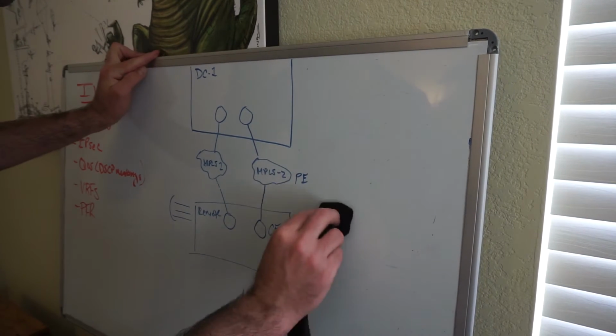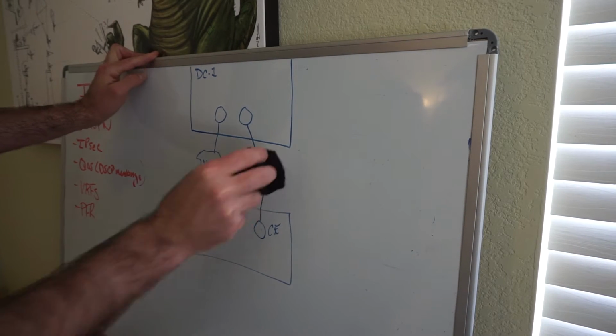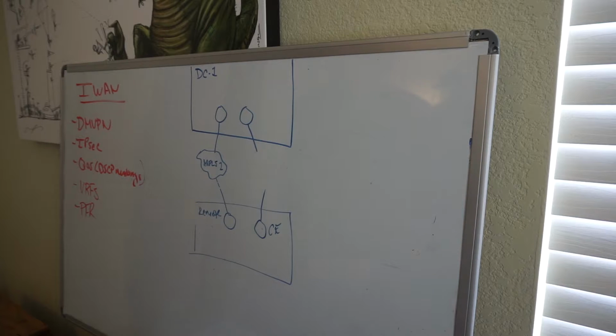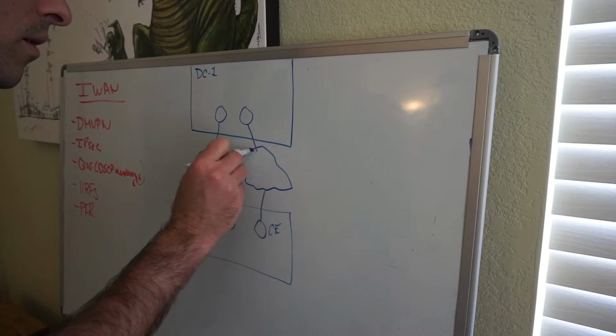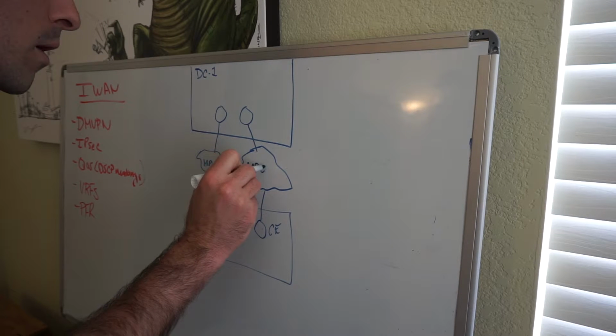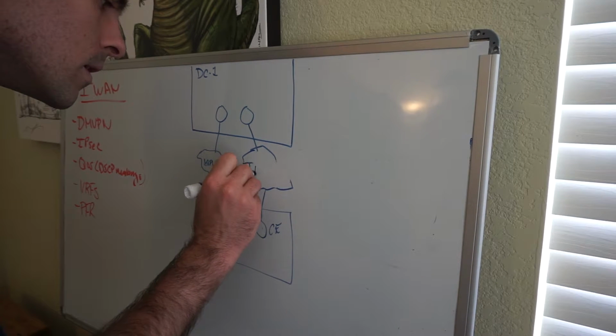So let me erase some of this stuff here. We're going to keep MPLS1, because that's typically your hybrid model, and most people are more comfortable with keeping an MPLS provider, which is okay. So here's what would be, I just wrote MPLS2 again, INET.